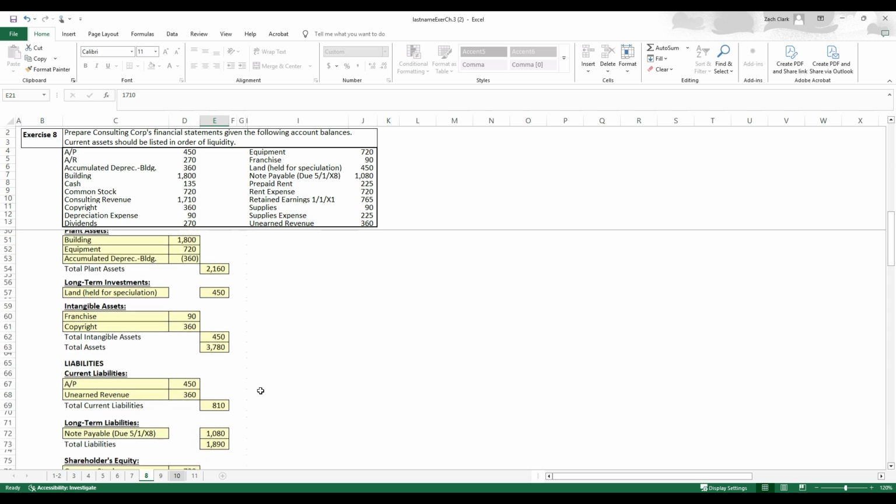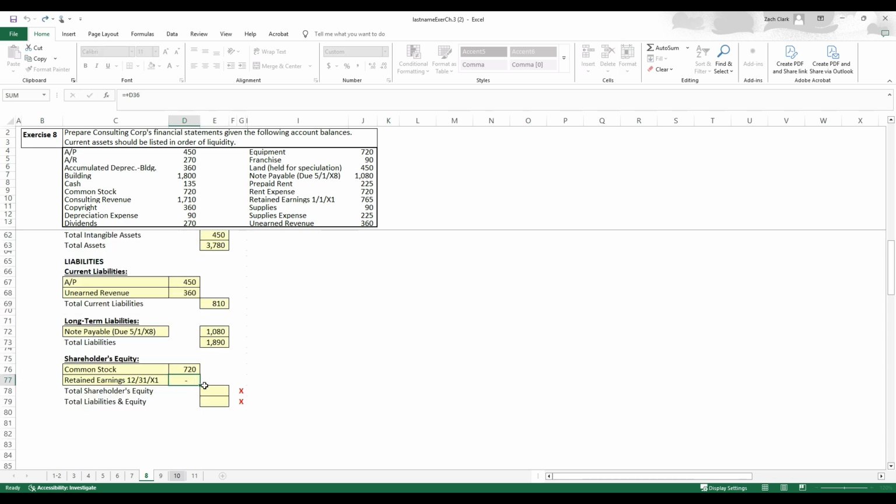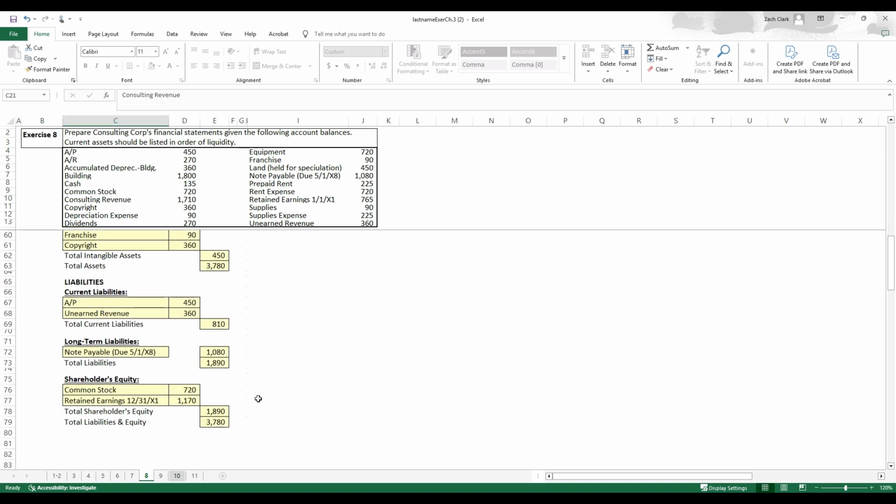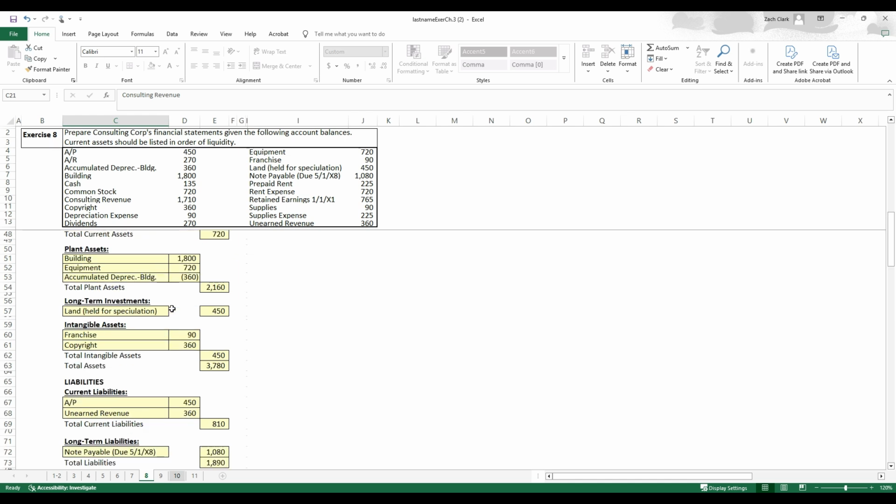So that is the total there. I just linked that in there, so it's just pulling in. Keeps moving around when I hit enter. Okay, and then let's add these together, get our total shareholders equity, and then add our liabilities and shareholders equity. And yep, the X goes away, and we can also check ourselves because total assets is equal to total liabilities and equity. So we're looking good.